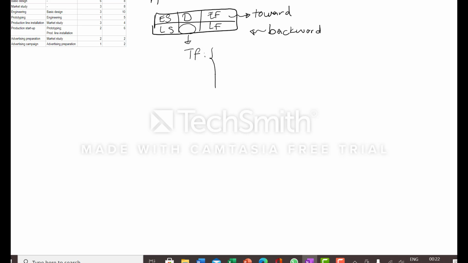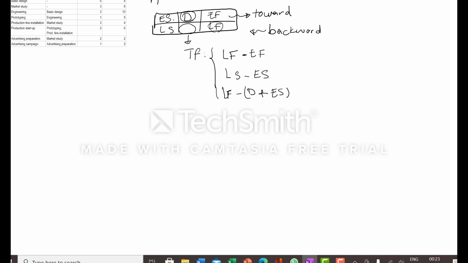Total float has three methods to compute. First, we can use latest finish and earliest finish, for example subtracting the earliest finish from the latest finish, or the difference of latest start and earliest start, or subtracting the duration and earliest start from latest finish equals total float.